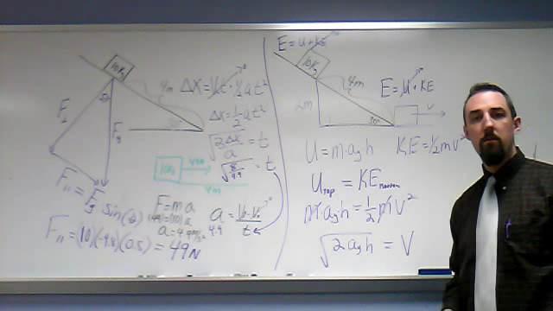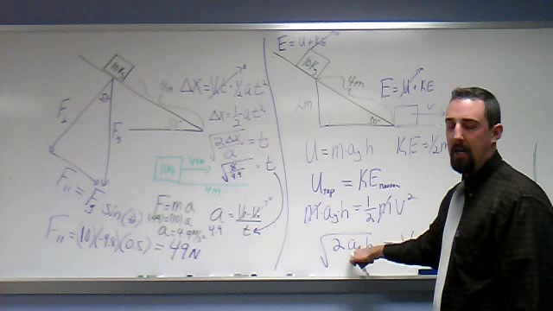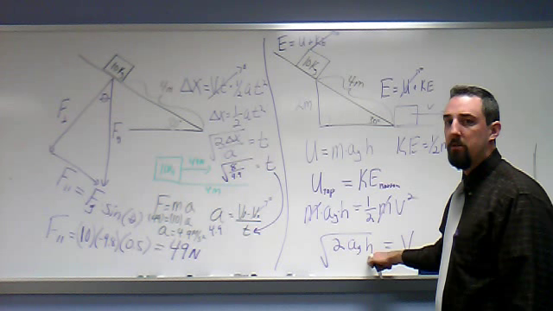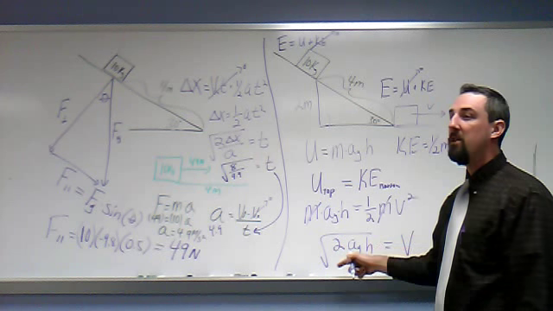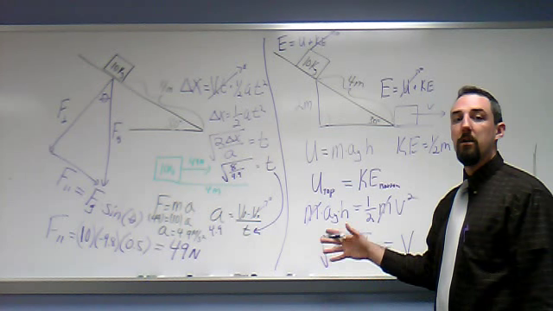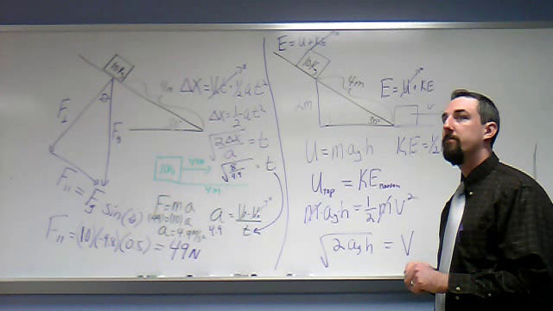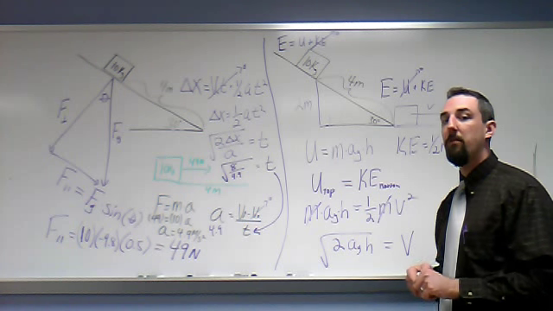That's it. Now, if we put numbers in here, 2 times a_g, so that's about 20, times h, which is 2, so about 40. So the square root of 40 is somewhere around 7, a little less, like 6 point something.